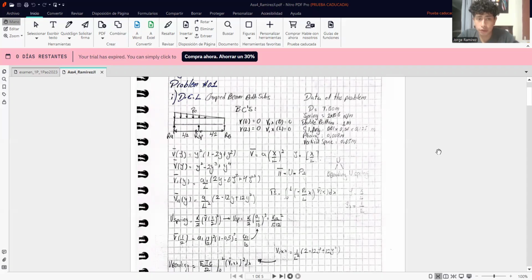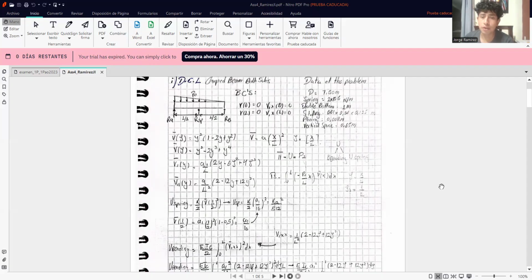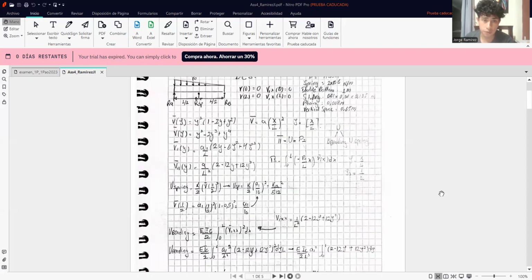So in this case, this is our clamped beam on both sides. So for the boundary conditions, we have deflection 0 and slope 0 too. And after that, we need to use the approximation in the energy method.